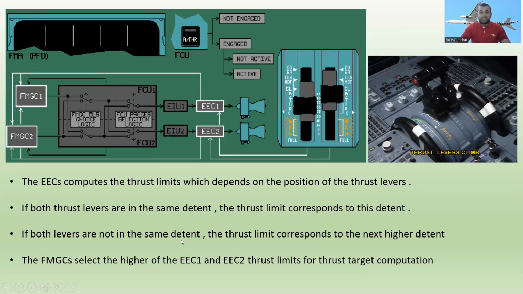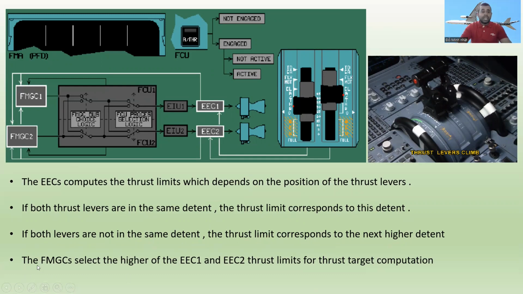If both levers are not in the same detent, the thrust limits correspond to the next higher detent. Just remember this one.